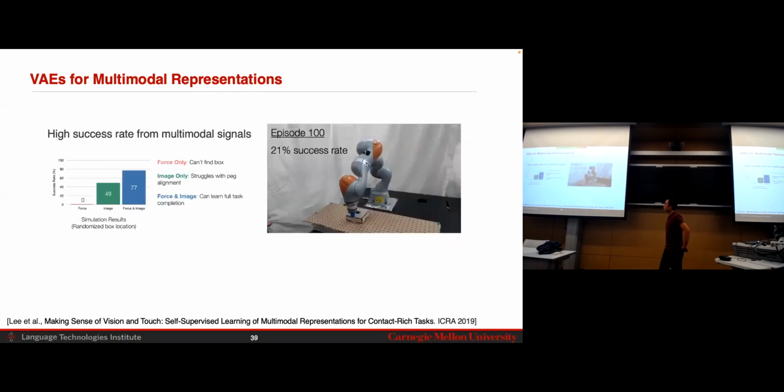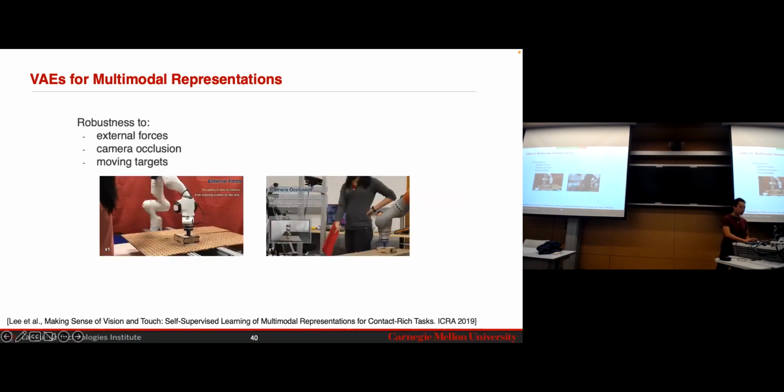So this VAE type of model can do pretty well. It increases in performance as you have more modalities. It's able to insert this peg into the hole pretty well. There's robotics tasks. And at the same time, it's also quite robust to external forces and also occlusions, where you kind of cover the camera using some other object.